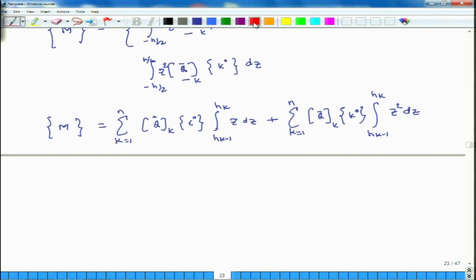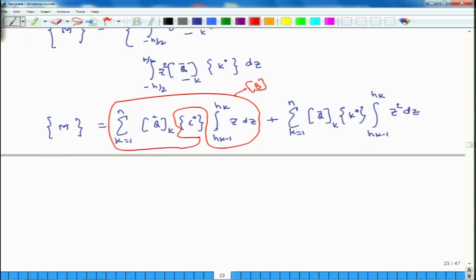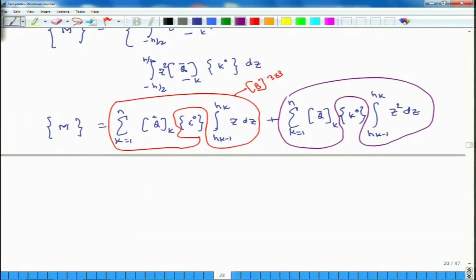So, if I do this and I add up all the terms, then this entire thing we have already defined as a B matrix, which is 3 by 3. But now we have a new term involving the z square dz integral, and this gives us a D matrix, and this is also a 3 by 3 matrix.